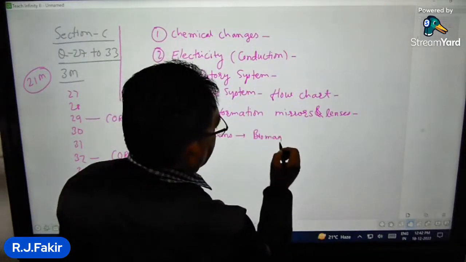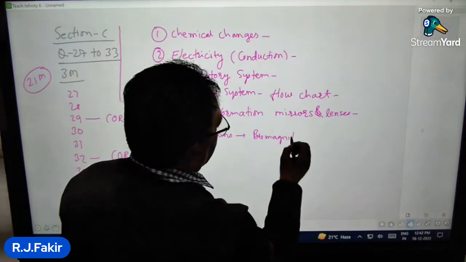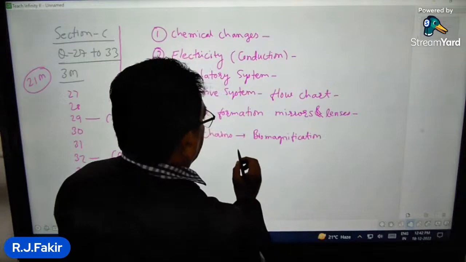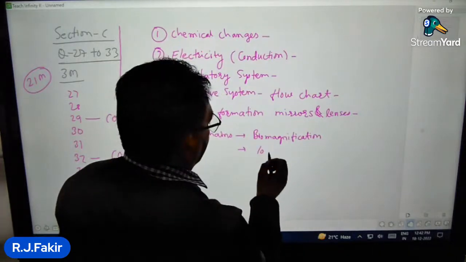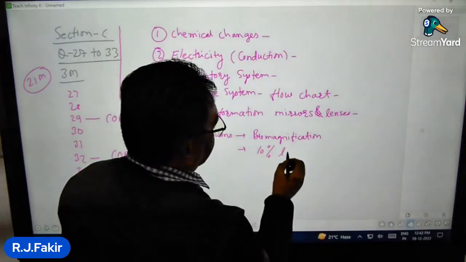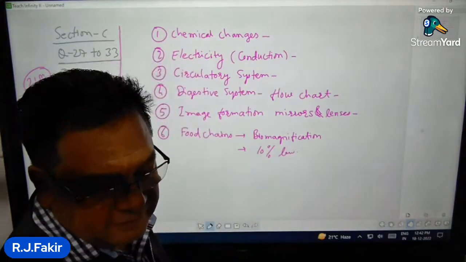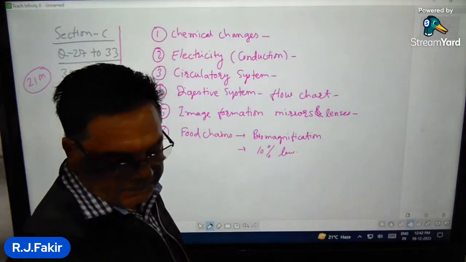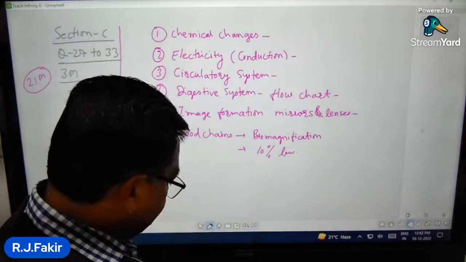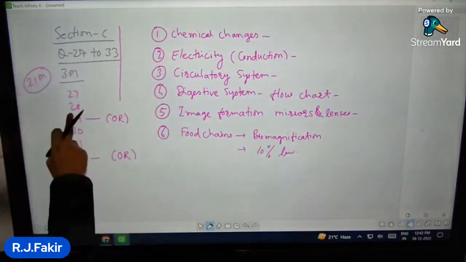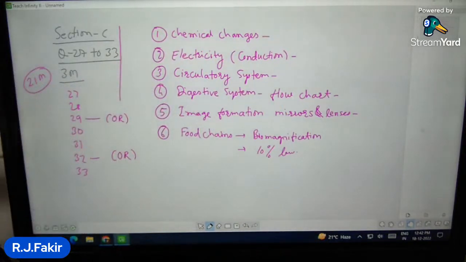Focus on this. Another is the 10% law of energy, for the transfer of energy, that is the 10% law. So these are some of the important topics specifically for this section, section C.